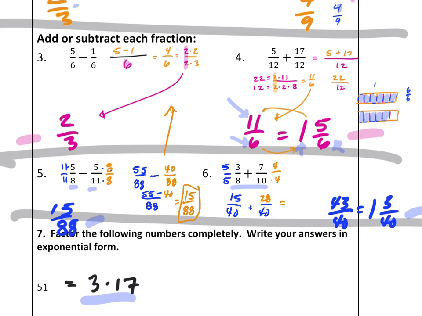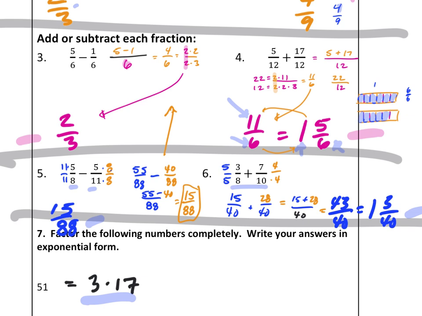Okay. So they're both 40ths, so I'm really just putting a 40 on the bottom, and now I've got to add 15 plus 28. And 15 plus 28 is 43.